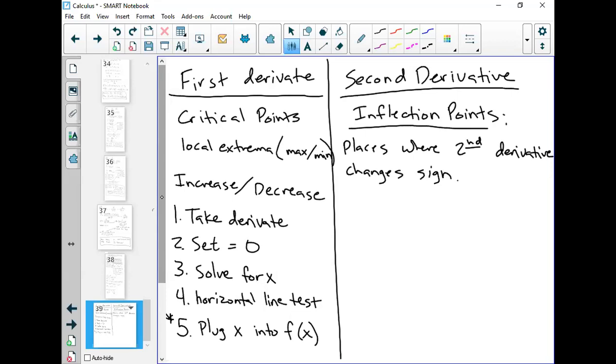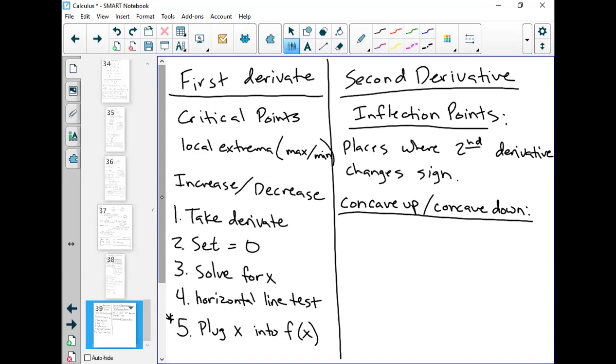And then the next thing, instead of intervals of increase and decrease, we're going to be finding intervals or places where the function is concave up or concave down. A question might ask you to describe the concavity of the function.